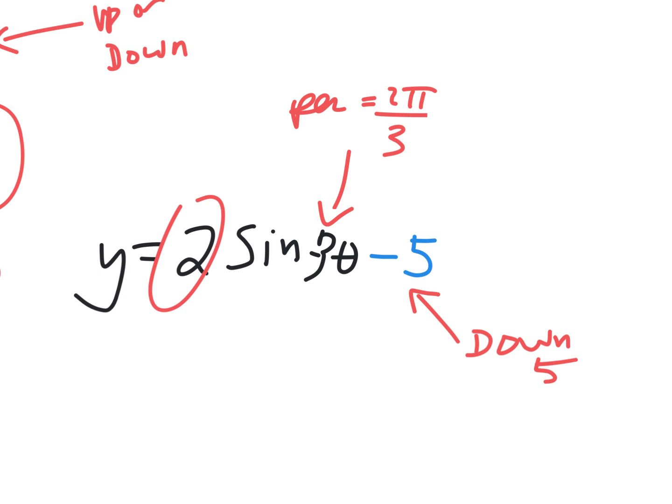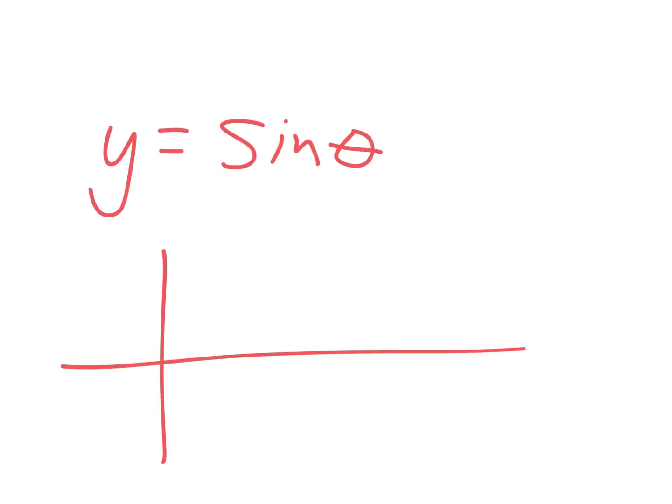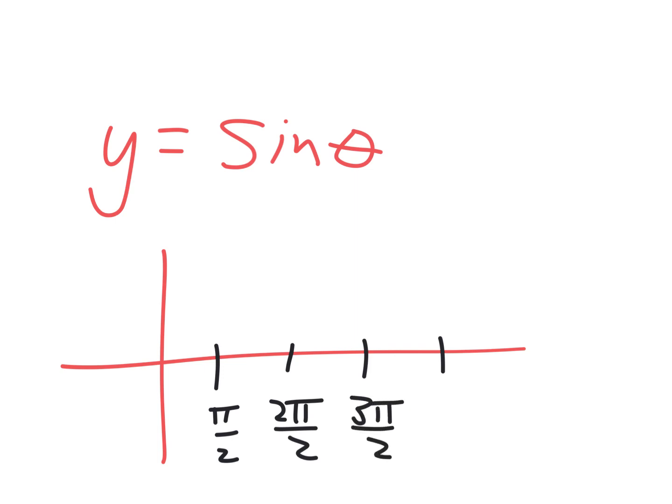Okay. So let's give you a really simple one. Everybody just graph sine. If you forgot, I'll remind you, you label these 4 spots 1 pi over 2, 2 pi over 2, 3 pi over 2, and 4 pi over 2. I know, it's 2 pi.